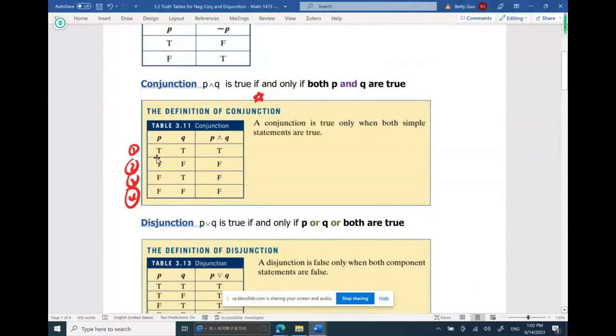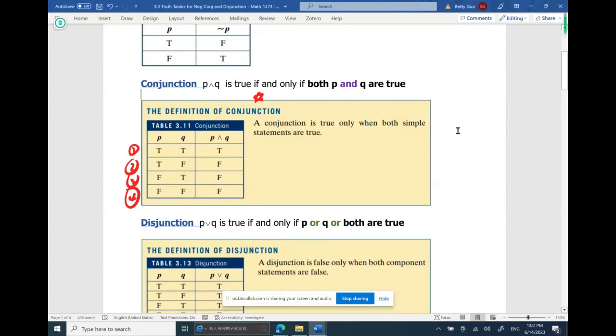If the compound statement only contains two simple statements, then the first two columns of the truth table must describe the four cases. The first case must be TT, the second case must be TF, the third case must be FT, and the fourth case must be FF. So please follow the order.